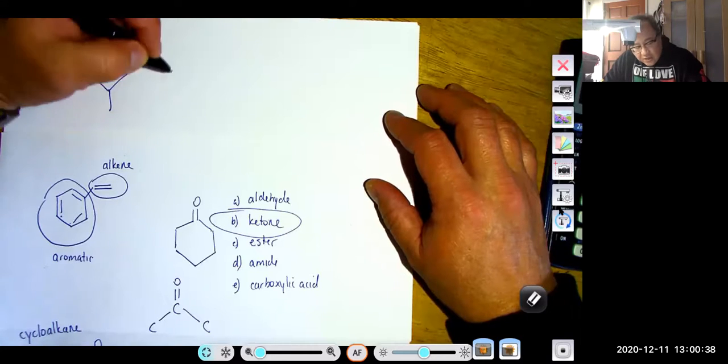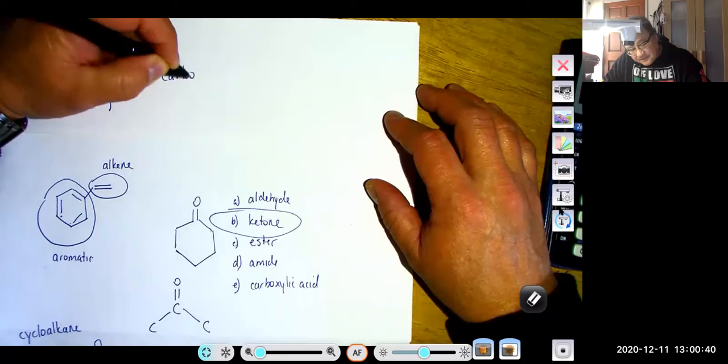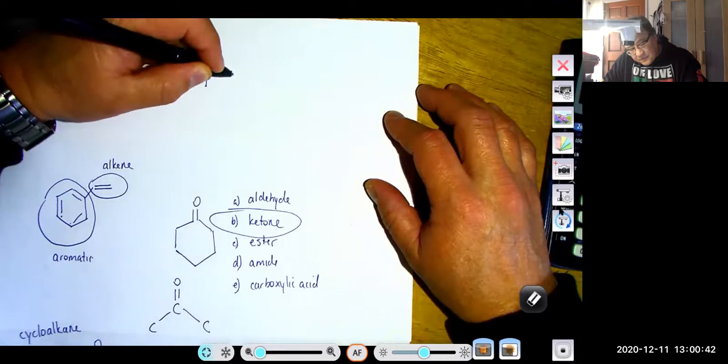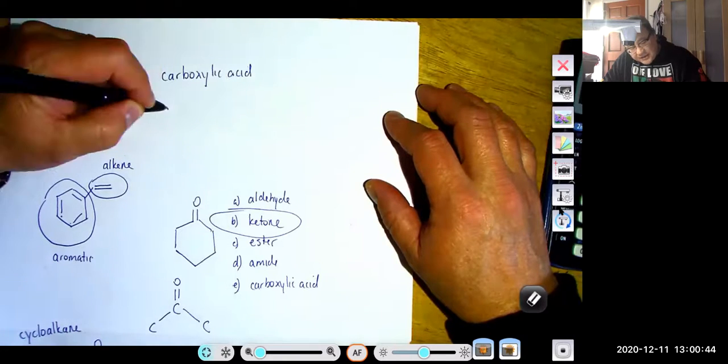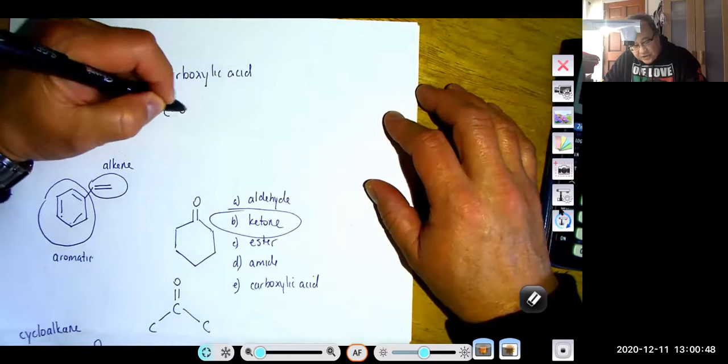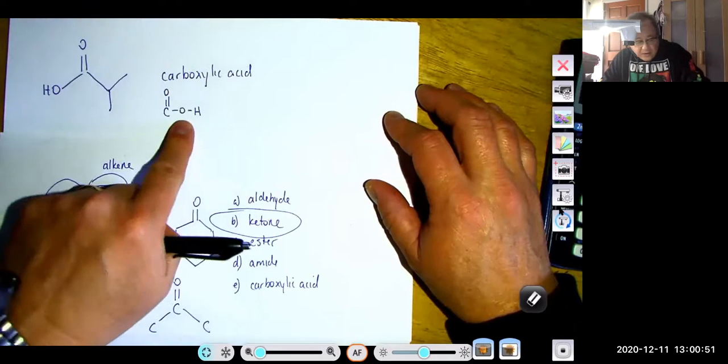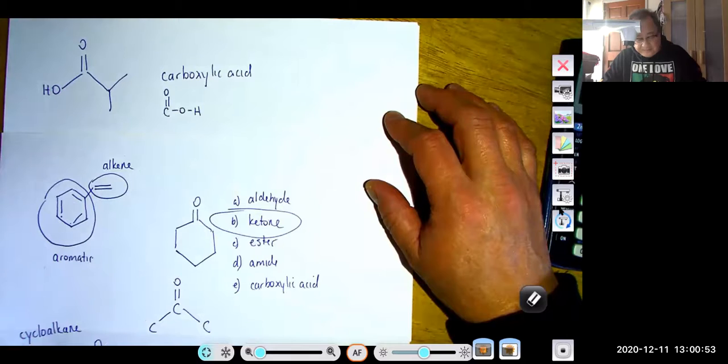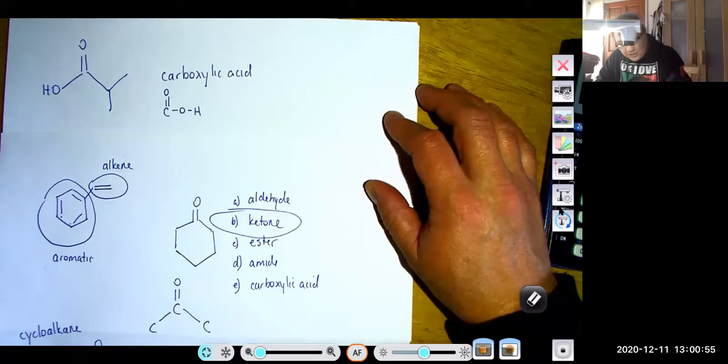Okay, and the answer is carboxylic acid. For carboxylic acid, you need to have that carbon double bond to the oxygen and then an OH. The OH does not have to be to the right. It can be to the left. That's fine. Okay, let's try another one.